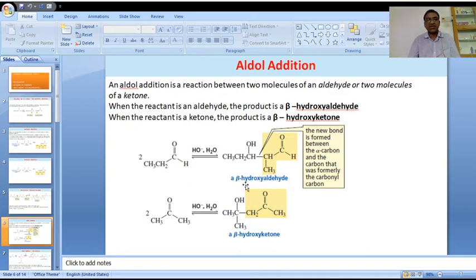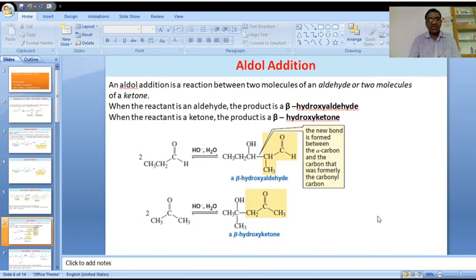When the reactant is a ketone, in this aldol addition reaction, when 2 moles of ketone are used as reactant, it gives the product a beta hydroxy ketone.